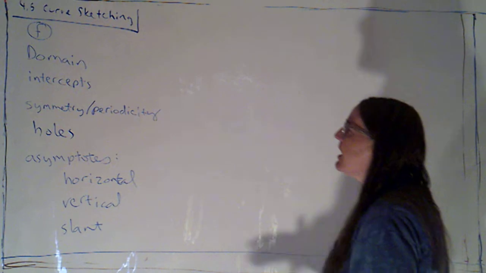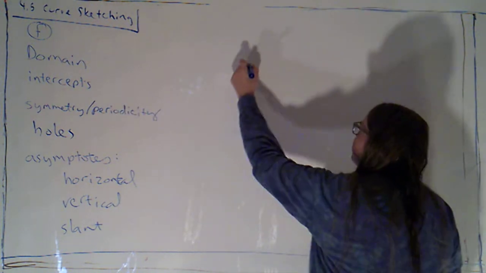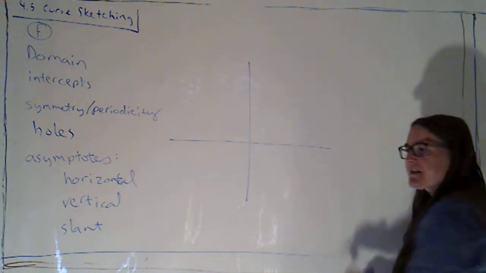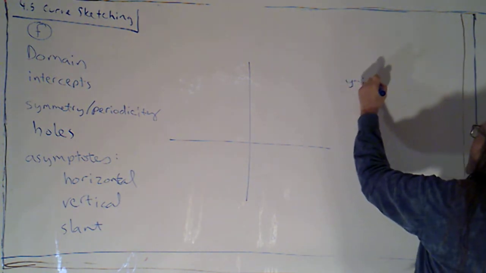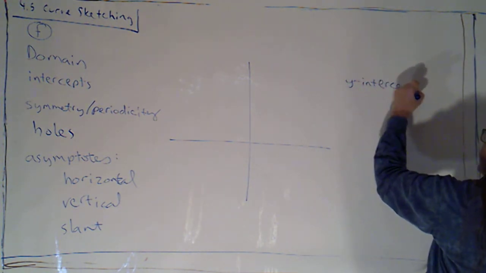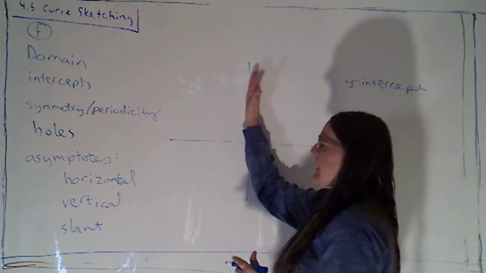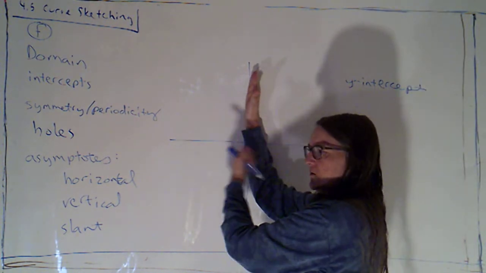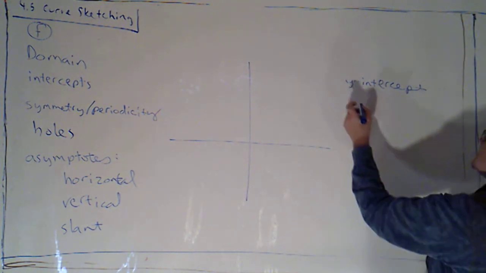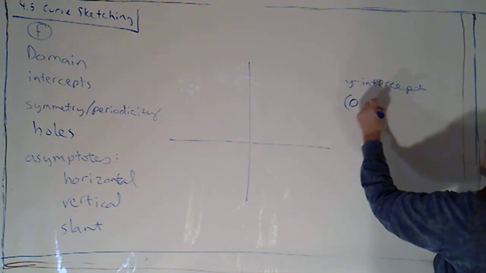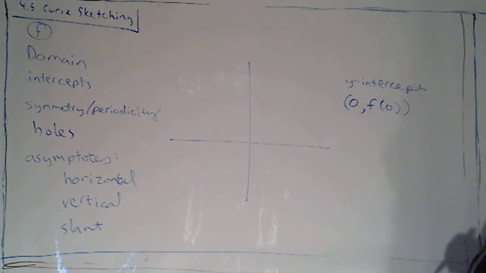Okay, all right, intercepts. That's just where we cross the x and y axes. So if I wanted to find the y-intercept, well, if I'm on the y-axis, then I'm not to the left of it or to the right of it, so my x value is 0. So I'm going to have 0 and then just f of 0.